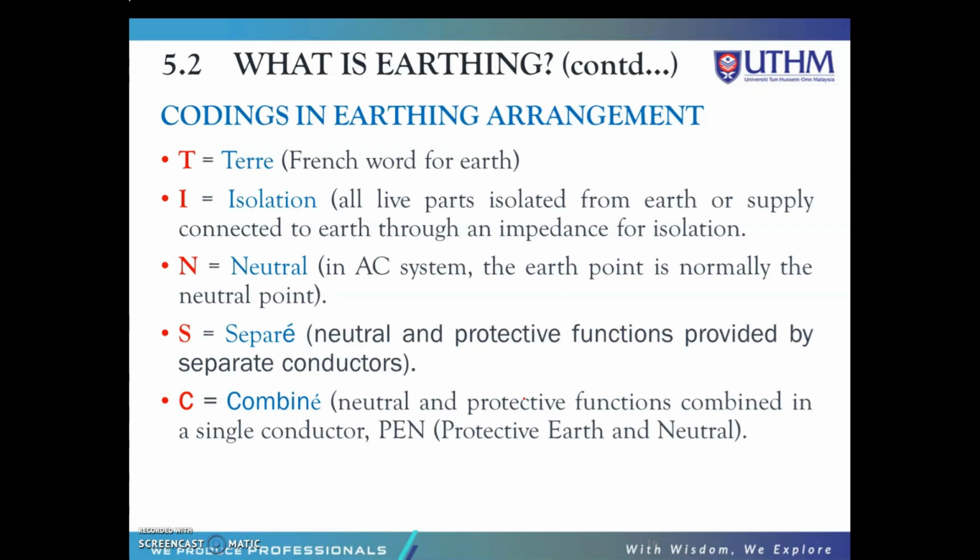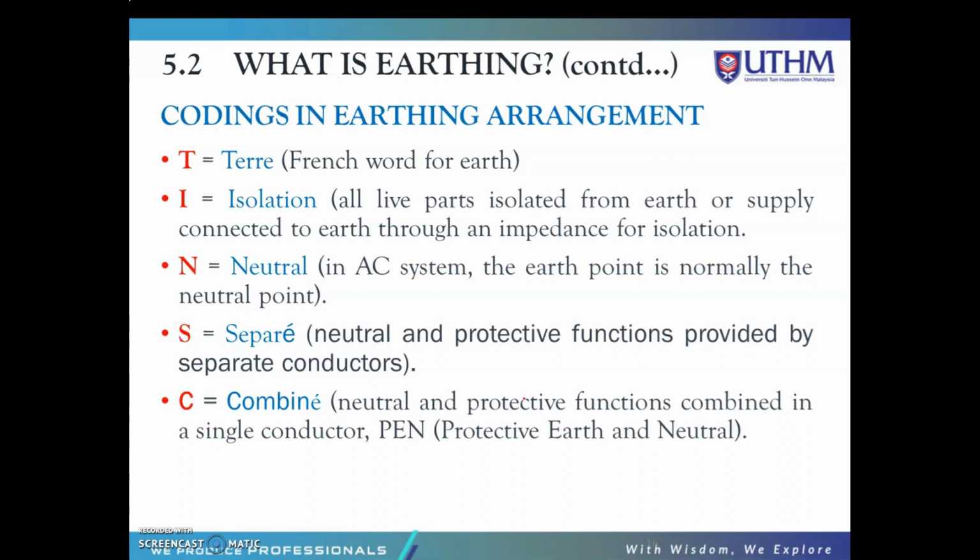Okay, so the letters used are as follows. The first one is T, or terre, French word for earth. Okay, it means direct connection of a point to earth. And then I is isolation, all live parts isolated from earth or supply connected to earth through an impedance for isolation. And then we have N. N is the neutral.